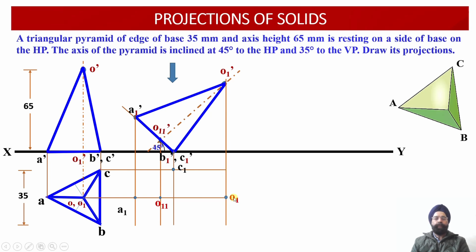So we obtain the point O1 over here. Similarly, the horizontal projector line drawn through the point O1 intersects here with the vertical projector line drawn through the point O11 dash. So wherever this intersection happens, we have been able to obtain point O11 over here.